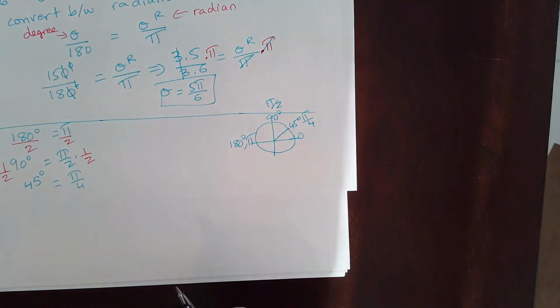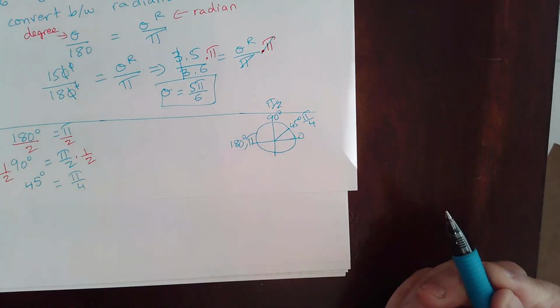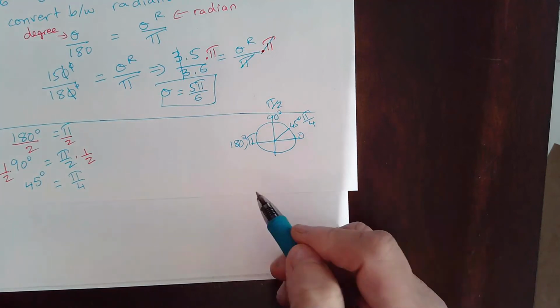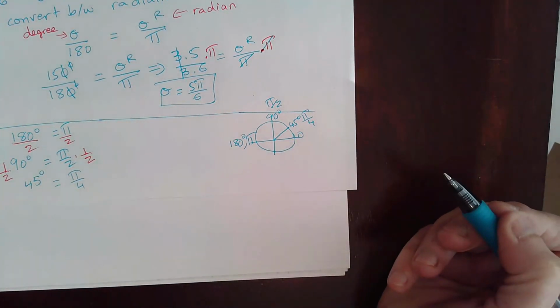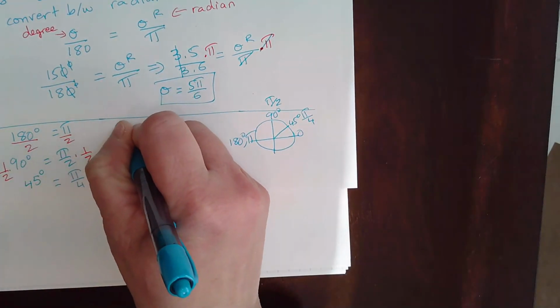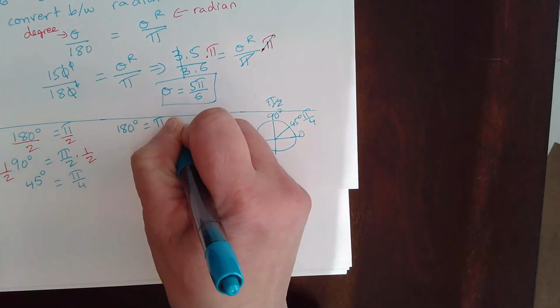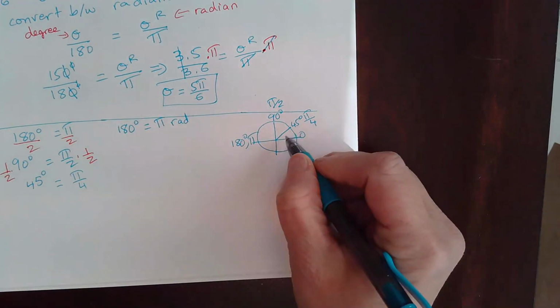So here, 45 degrees is equivalent to pi over 4. I can do a couple more of the common ones. For instance, I can find here the 30 degrees. What is a 30-degree angle? Again, if I use 180 degrees equal to pi radian, how do I get the 30-degree angle?